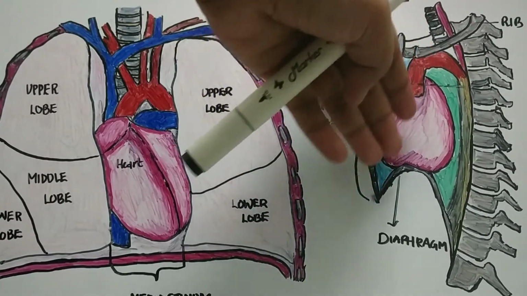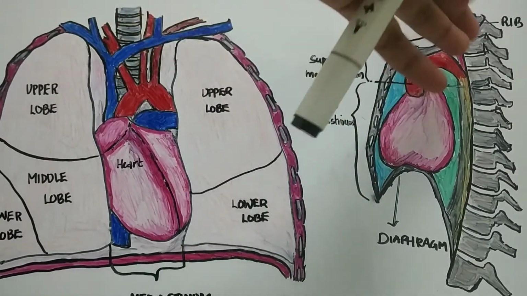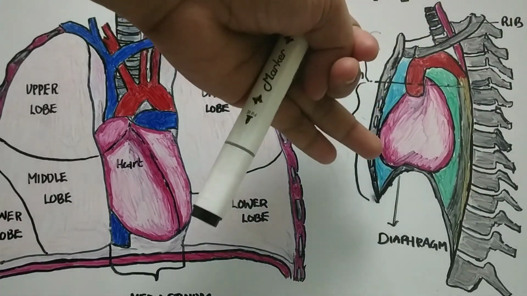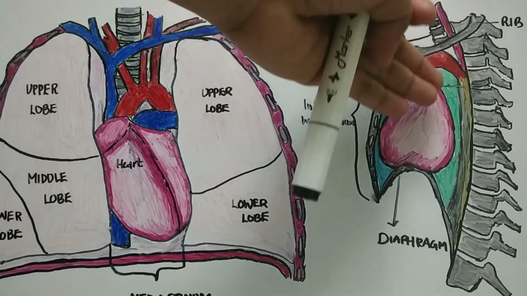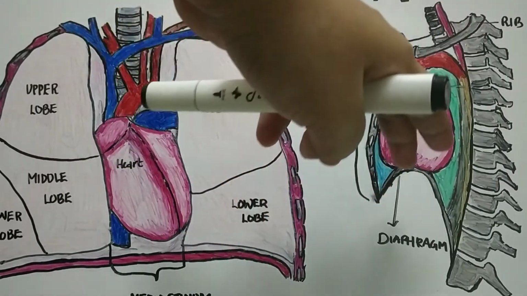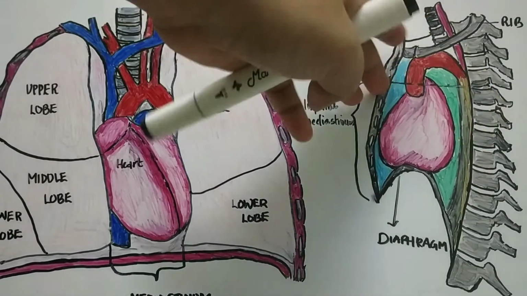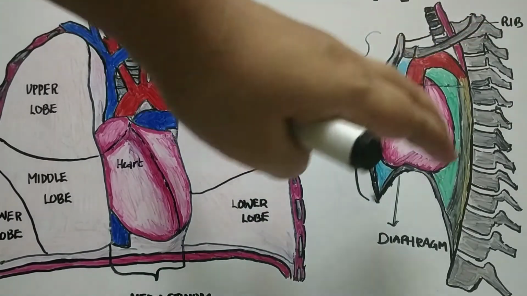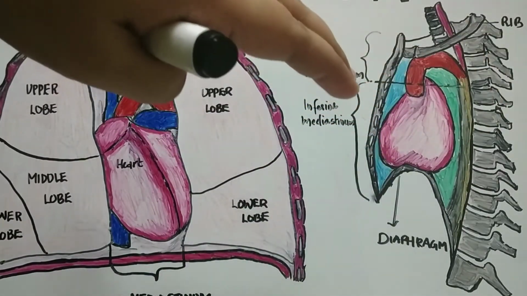Posteriorly there are the esophagus, descending thoracic aorta and azygos vein. On each side there is the mediastinal pleura. These are the boundaries of the middle mediastinum.